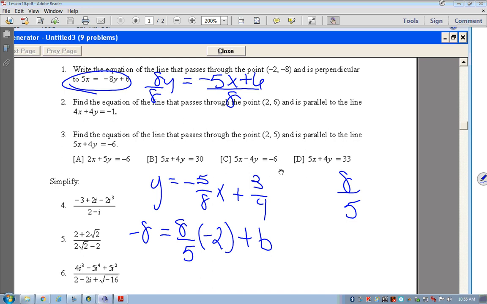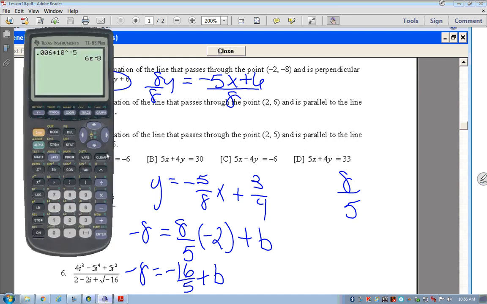So we're solving for b, correct? We've got 8/5 times -2, which is going to be -16/5, right? So we've got -8 = -16/5 + b. So what we're going to do is take -8 and add 16/5 to it.